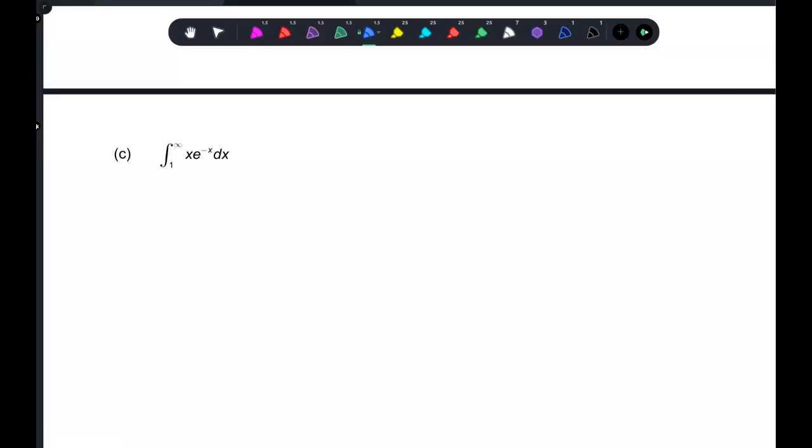All right. This one is going to be a tabular method. It's x times e to the negative x. First thing, I'm going to rewrite this as limit as b approaches infinity from 1 to b of x times e to the negative x dx. Over on the side, I'm going to do my tabular.